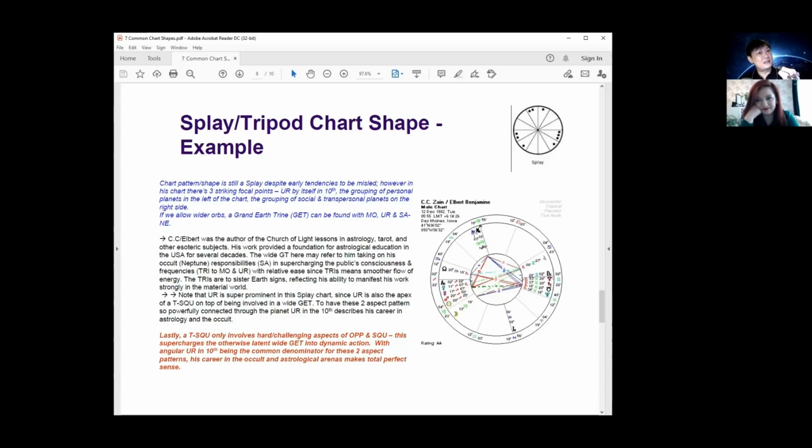A healing and helping profession. Because if you think about Uranus, it's about progressing humanity forward. And so this is what I reckon, if someone is planning to go into that field, I usually look at how strong their Uranus is in their chart.